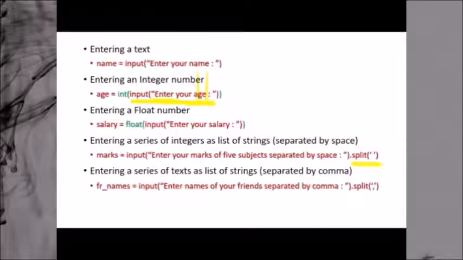A list of what? A list of strings, not a list of integers, because input gives you a string. Similarly, if you want to separate it by comma, in place of blank space you can use comma in the split function. Split is a function available for strings.